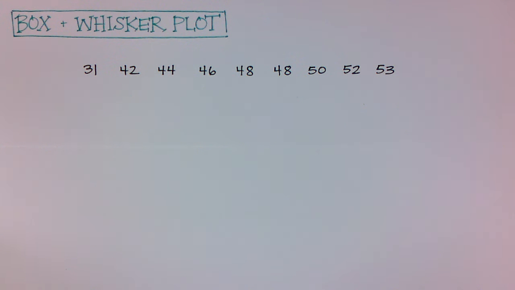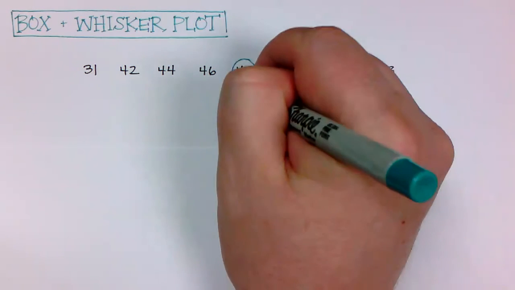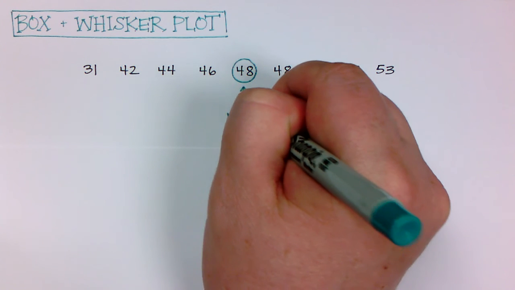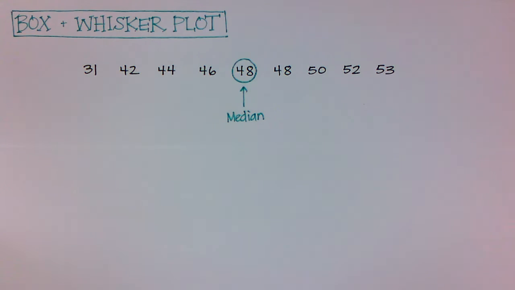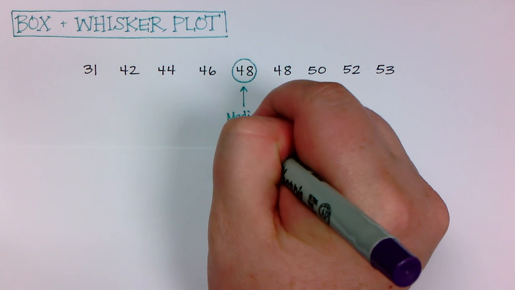The first thing that I want you to label is the median. So again, the median was that very middle number, 48. Okay, this is the median. Let's label that. All right, and this is something that we are going to plot. We're going to make it as a point.